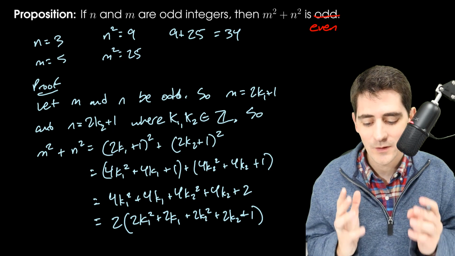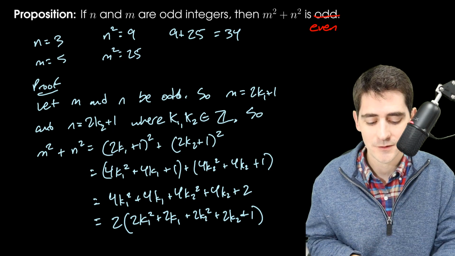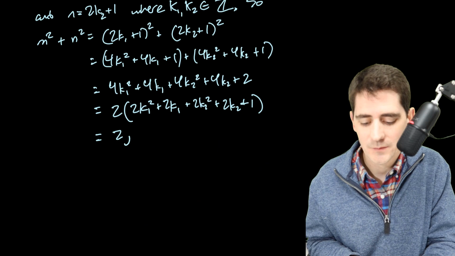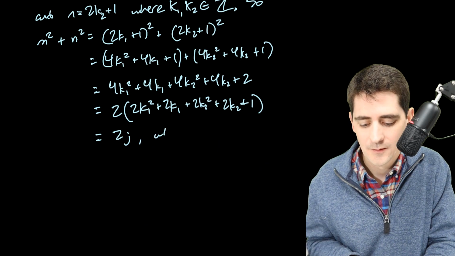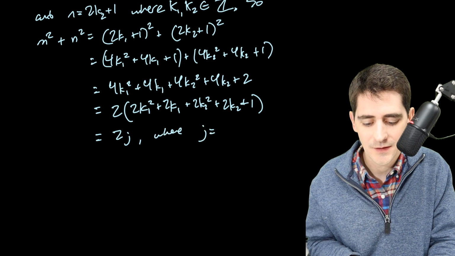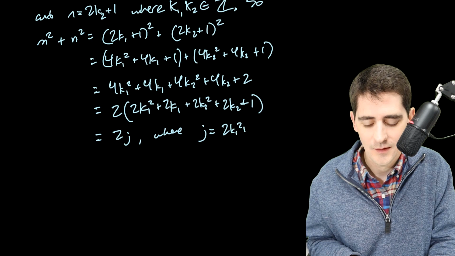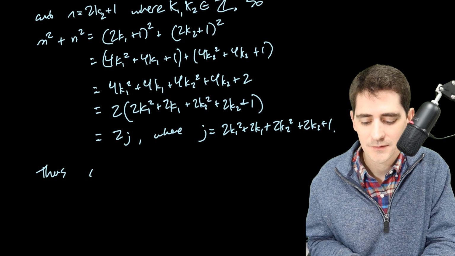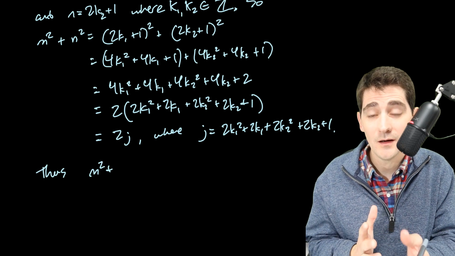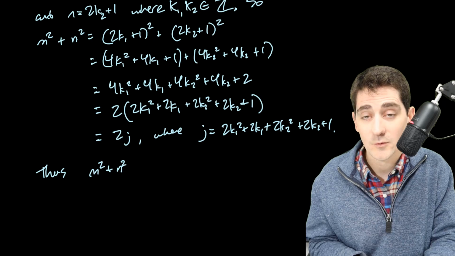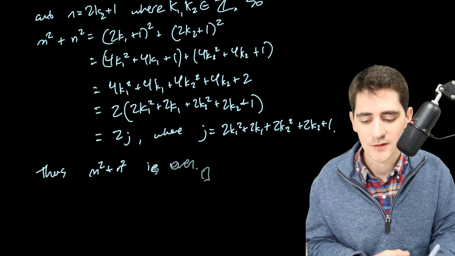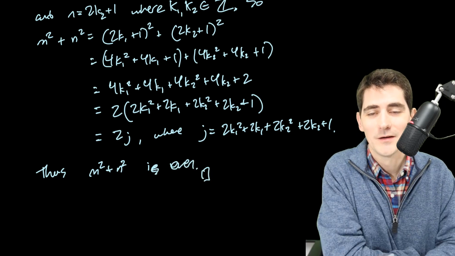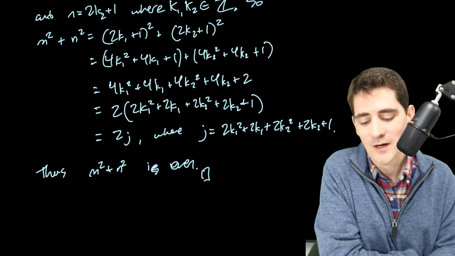Even though it looks weird, it's 2 times an integer. So we'll say that's equal to 2 times j, where j equals that long expression that we don't really care about except that it is an integer. So thus, if m and n are both odd, m squared plus n squared is even. End of proof.